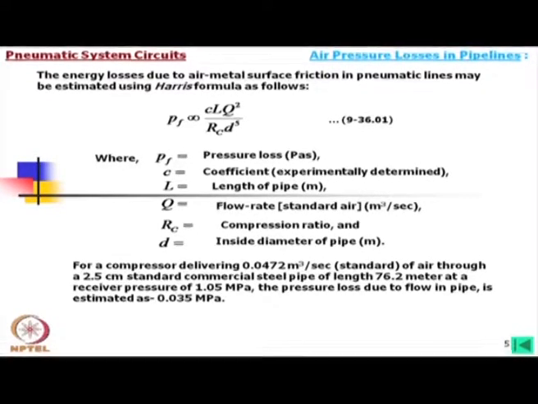Nowadays stainless steel pipe is also being used because of the low production cost. Previously, ordinary steel was being used. It is medium carbon steel, not alloy steel.